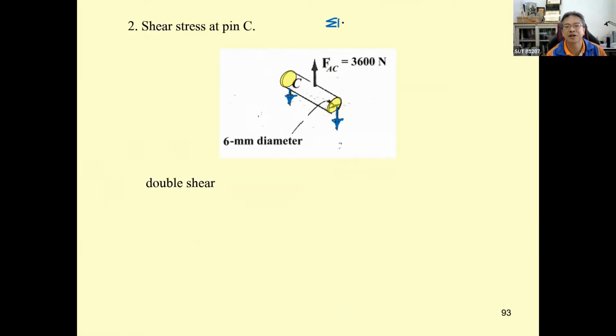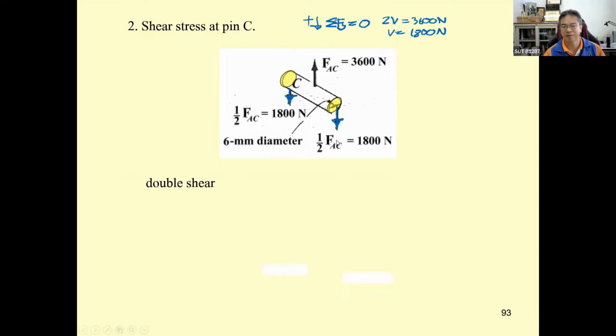By summation of f sub y equal to 0, and setting downward as positive, you have 2V equal to 3,600 Newton. So V is going to be 1,800 Newton, half of it.